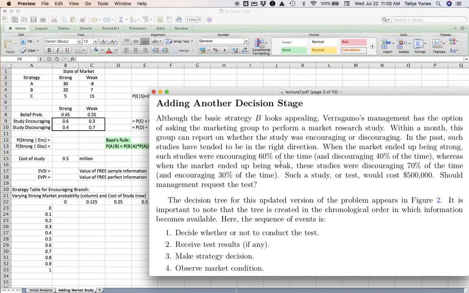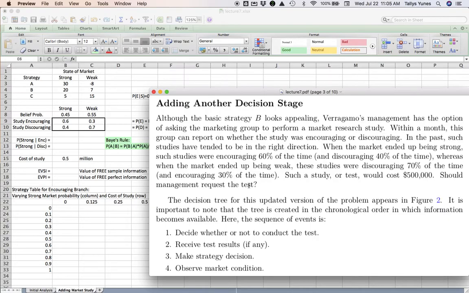I now know the past performance data of this market study, and they say the following. Performing such a study would cost you $500,000. So should we do this, right? Is it worth spending this money to gather more information before we commit to a strategy? That's the whole question.